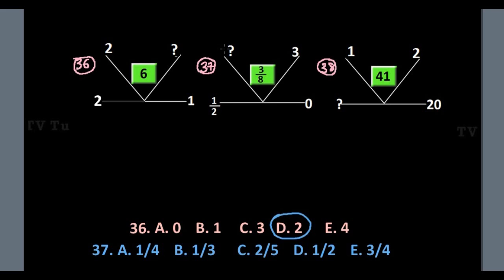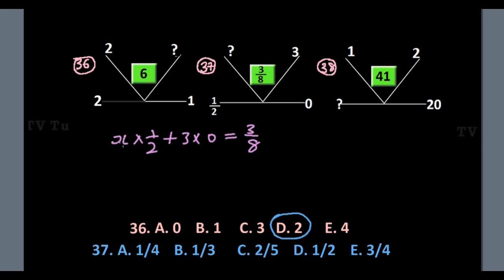The product of the two numbers on the left hand side, the number at the top is unknown, so we have x times 1 over 2, plus the product of the numbers on the right hand side, 3 times 0, will give us the number at the center, which is 3 over 8.